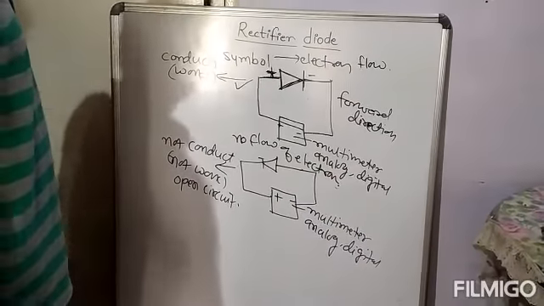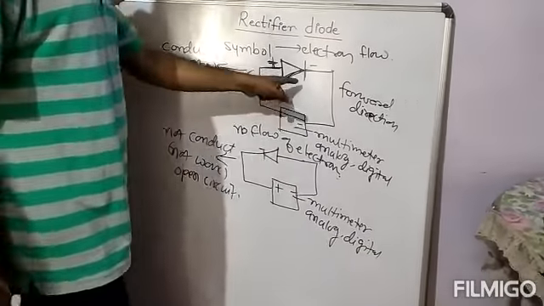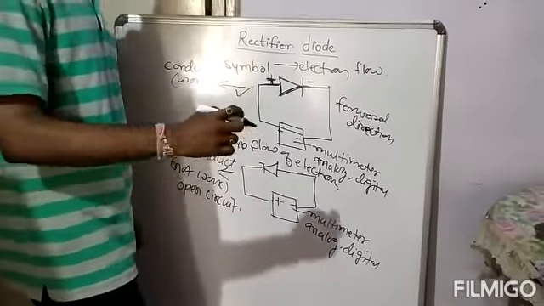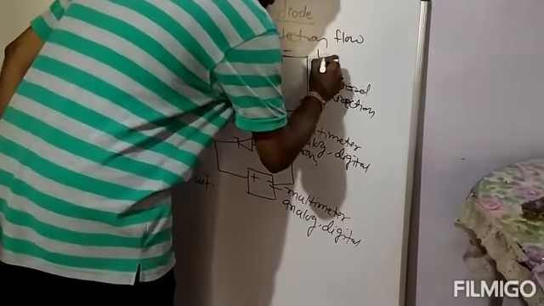So again, one more thing I want to say here. Whenever the diode is in forward direction, the resistance is very low, low resistance.